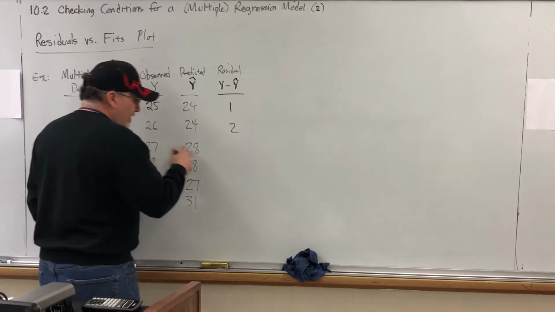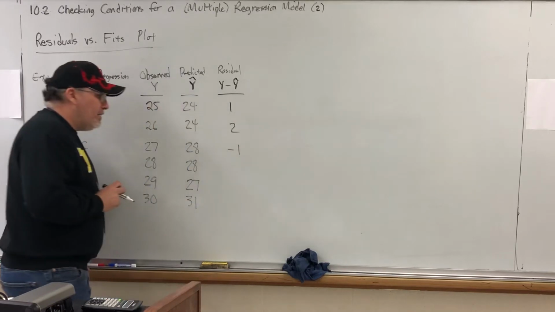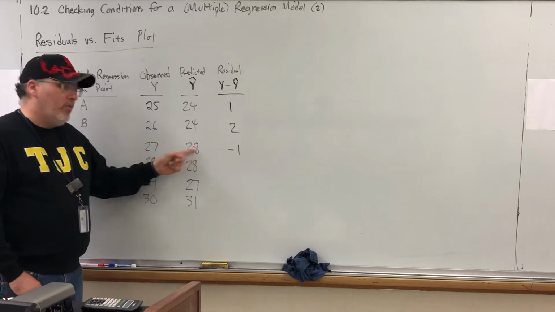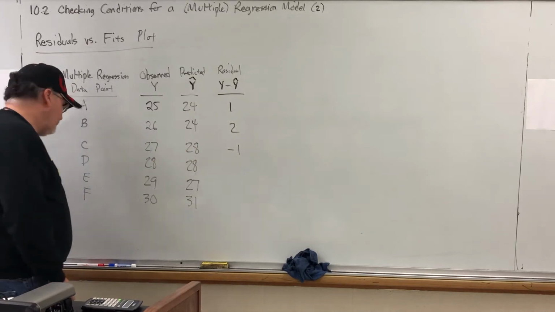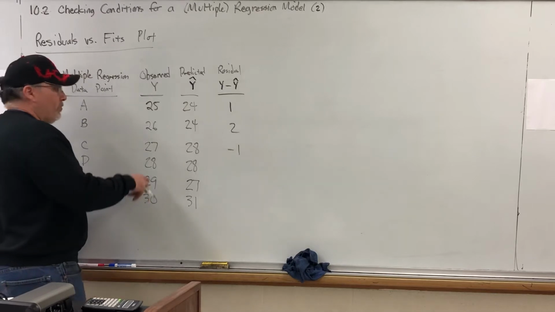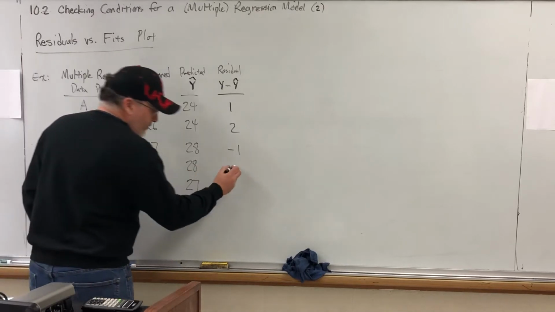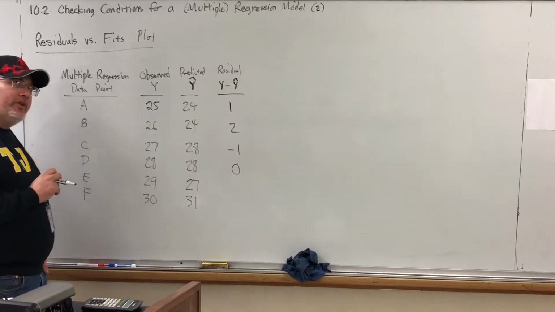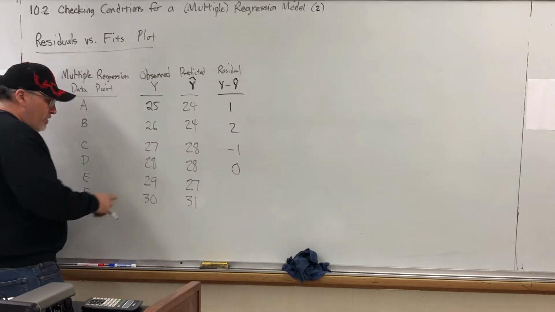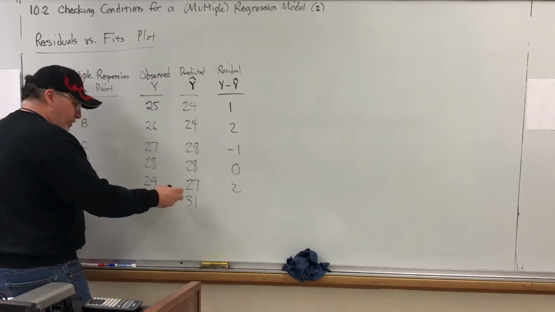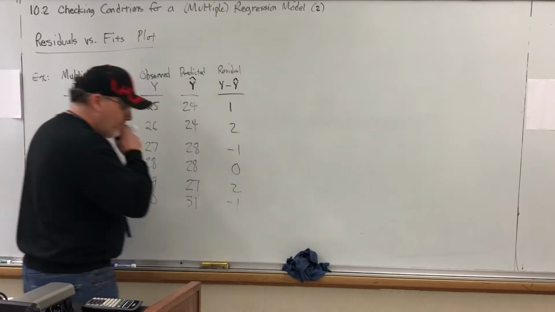So 27 minus 28 is -1, meaning that what we observed was 1 below what we predicted. For the next one, what we observed is what we predicted, so our residual was 0. Our model perfectly predicted the response value. For the next one, 29 minus 27 is 2. And for the last one, 30 minus 31 is -1.